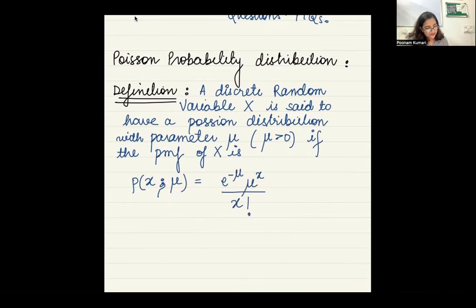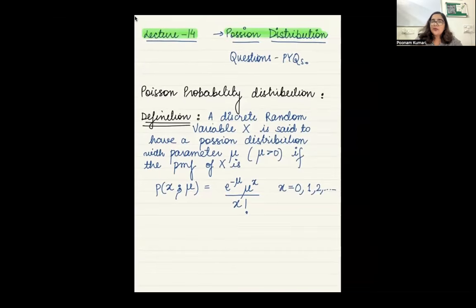X can take value 0, 1, 2, and it can go on. Okay. So it's a discrete random variable, but it doesn't have a finite number of values. Finite number nahi hai ye. It can go till infinity. So the numbers could be 0, 1, 2, 3, 4, and it's an entire countably infinite sequence that we have.